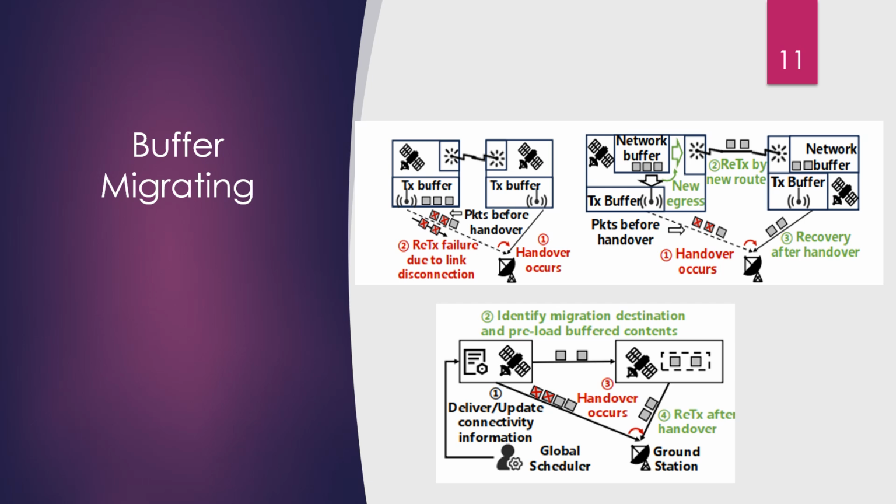One of the key mechanisms in SatGuard is buffer migration. Buffer migration is designed to prevent packet loss during satellite handovers. In traditional LEO networks, when a satellite is about to disconnect, any buffered packets that haven't been delivered are often lost.